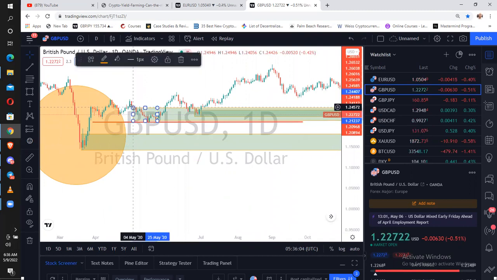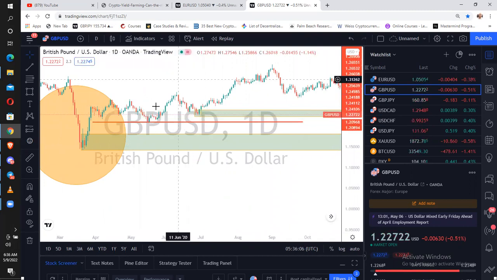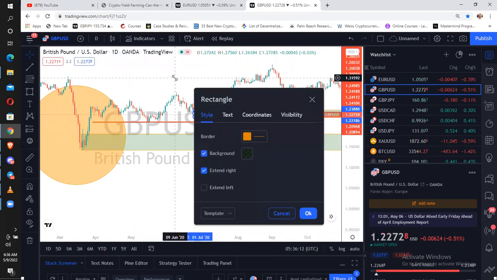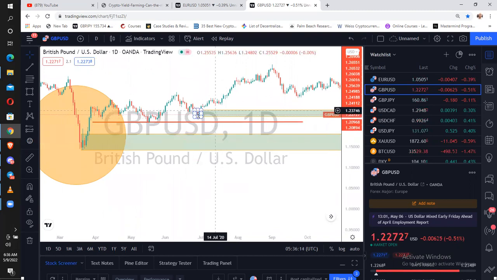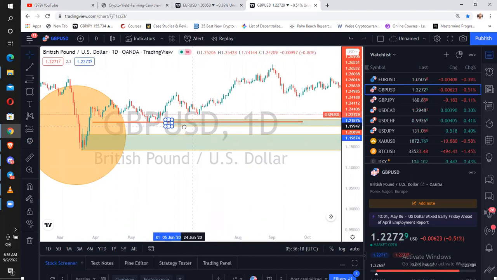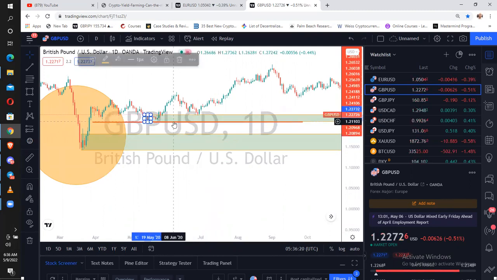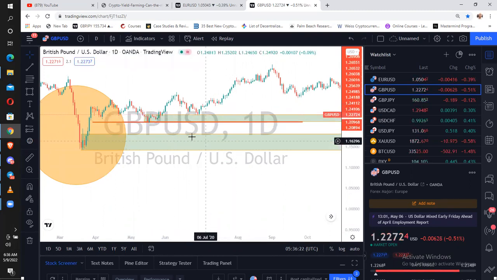So I would like to remove this, and this. Okay, I can leave this. Let me bring this down here to this spot here. So here we'll have a liquidity zone.